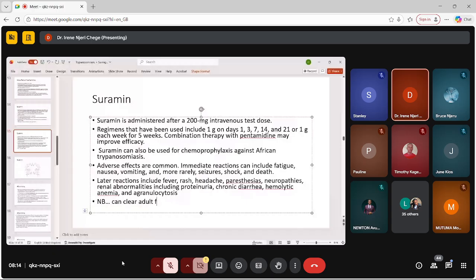Leishmaniasis, that's just a note, as another indication. It's an IV treatment, okay?